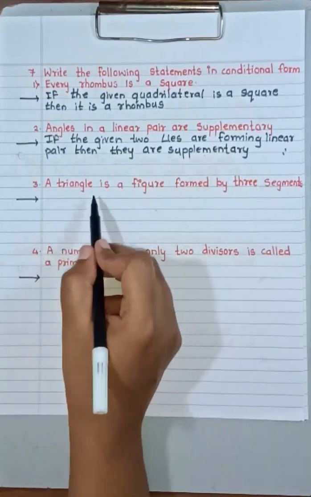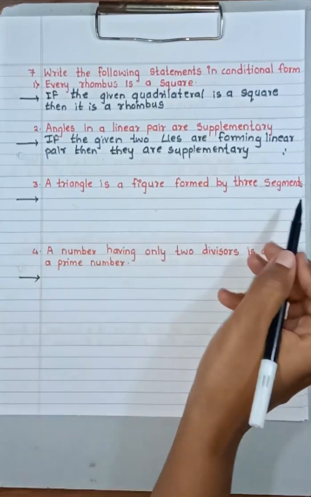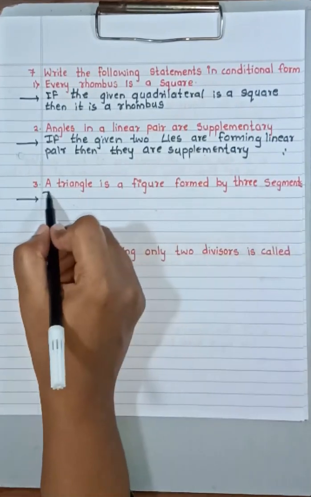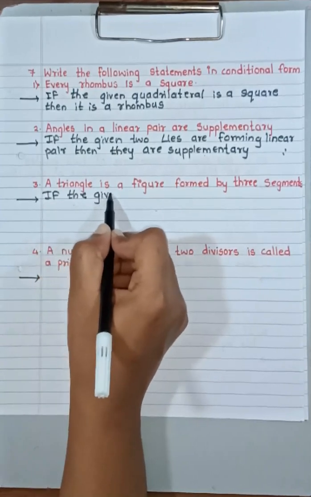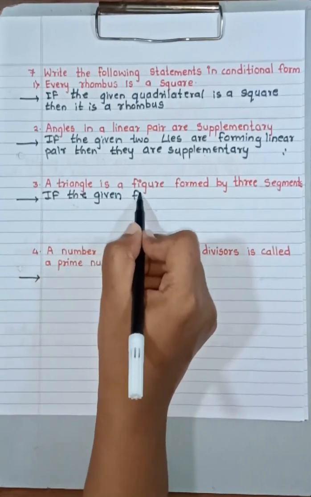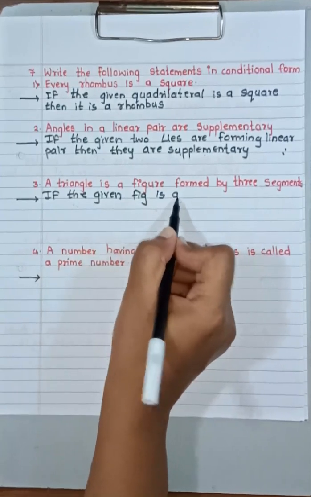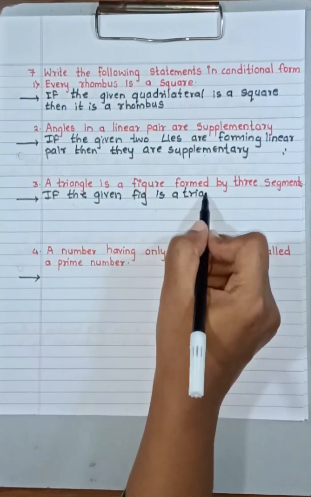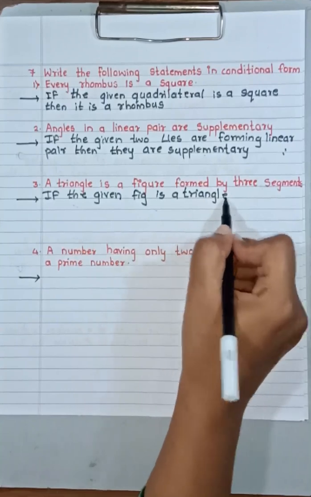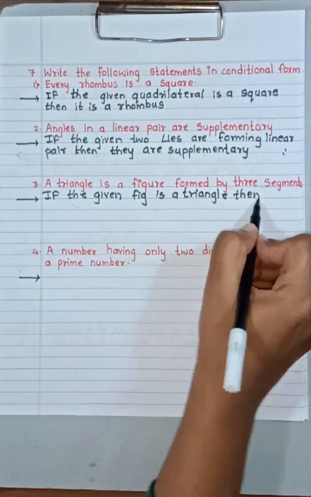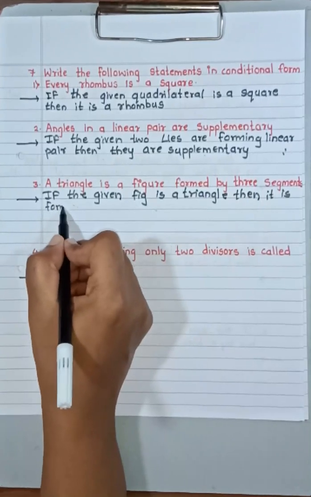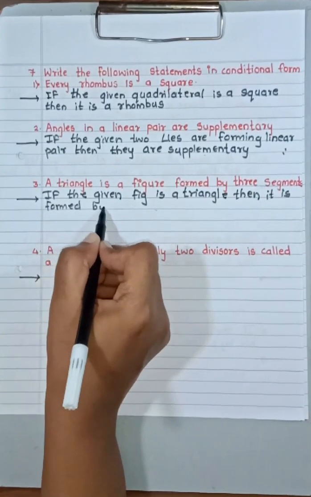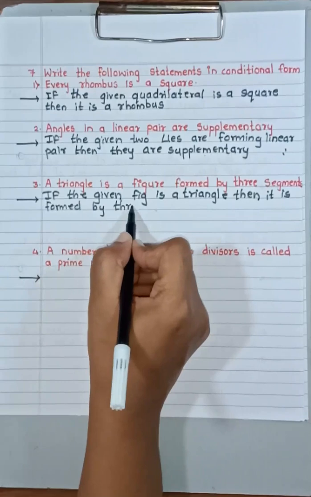Third one, a triangle is a figure formed by three segments. Okay, if the given figure is a triangle, then it is formed by three segments.